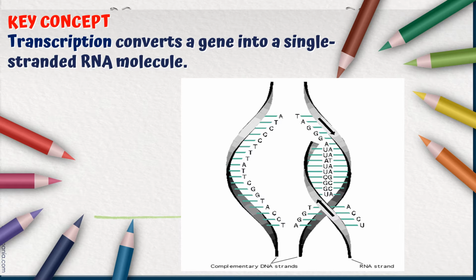Transcription converts a gene into a single-stranded RNA molecule, meaning in transcription, the DNA sequence of a gene is transcribed or copied out to make an RNA molecule. Transcription is also a process in which information is rewritten.